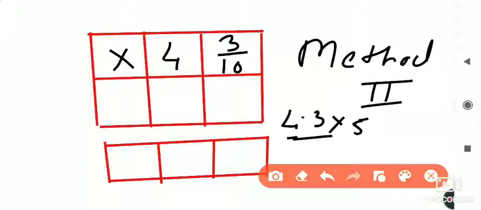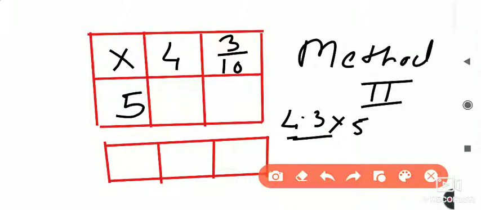This multiplication we have to do with 5, so I write this 5 here. And this 4.3 I convert into the integer 4 and 3 upon 10.